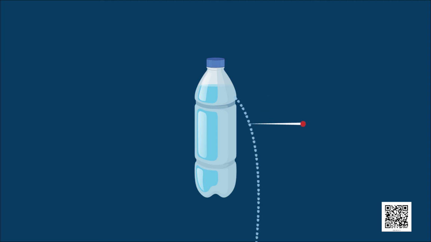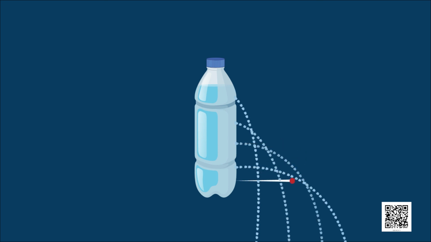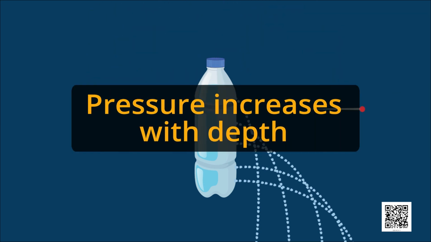Now, make holes near the lower layers and observe that water coming from different holes does not fall at the same point. Water from the lower holes goes farther than the water coming from the upper holes. From this activity, it is proven that pressure increases with depth.